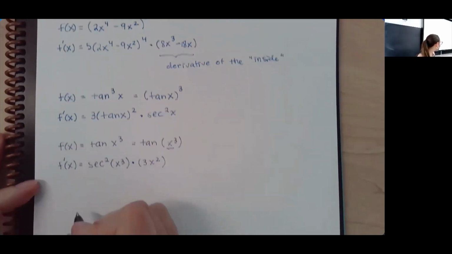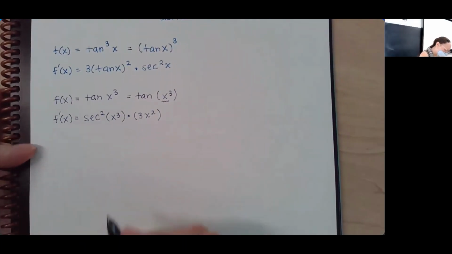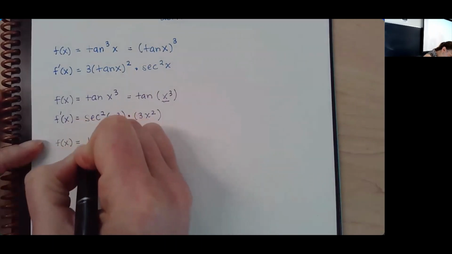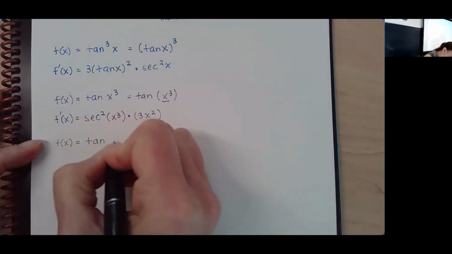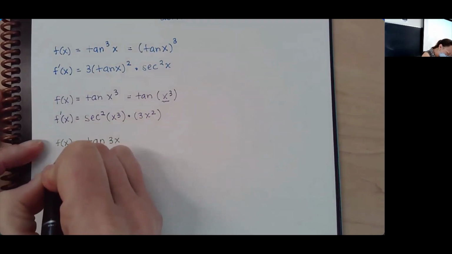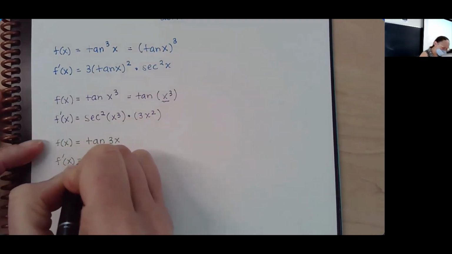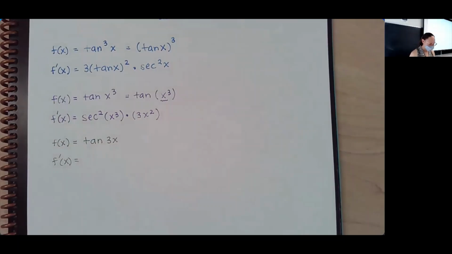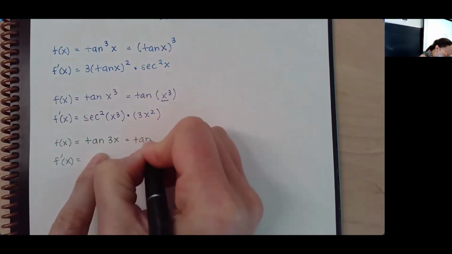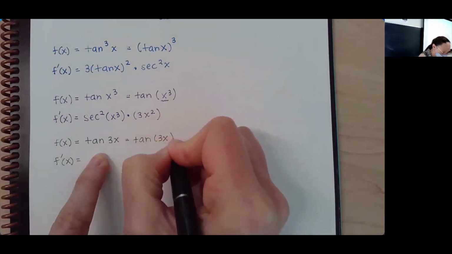I'm going to do one more in this family. And if my question was that I had tangent of 3x and I needed to take the derivative, this one says that I have tangent of 3x.